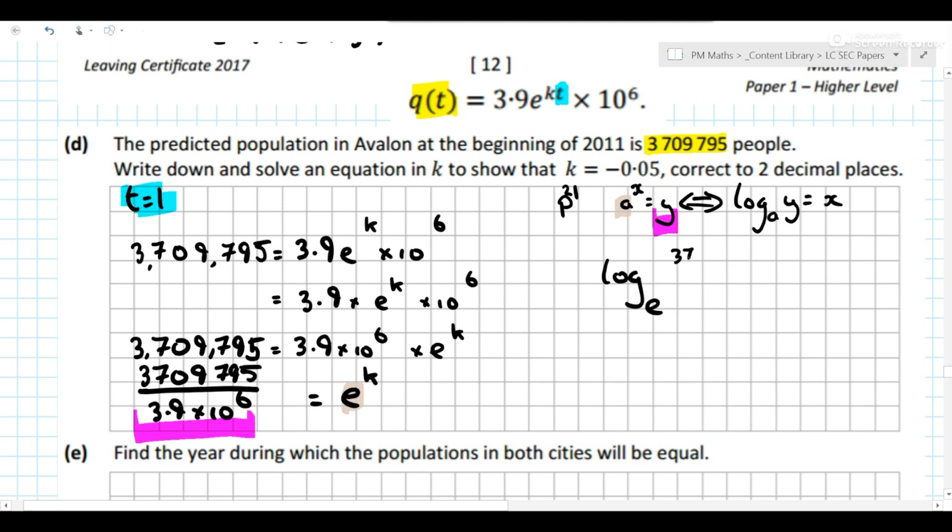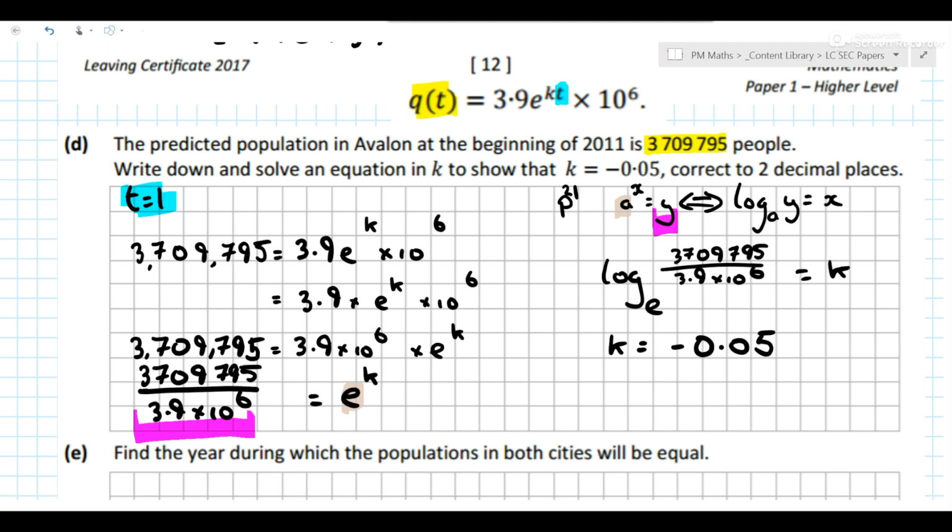So 3709795 all over 3.9 by 10 to the 6 is equal to k. K is equal to, type it all into your calculator, and you should get minus 0.05 if you've done it right. So pretty nice.